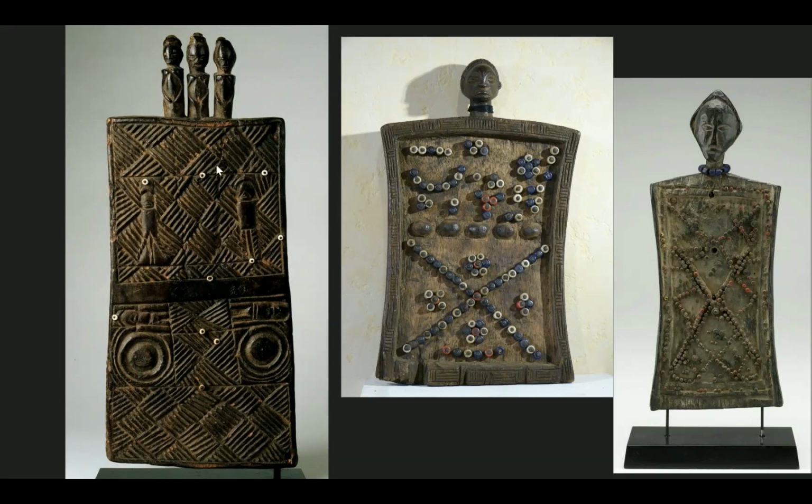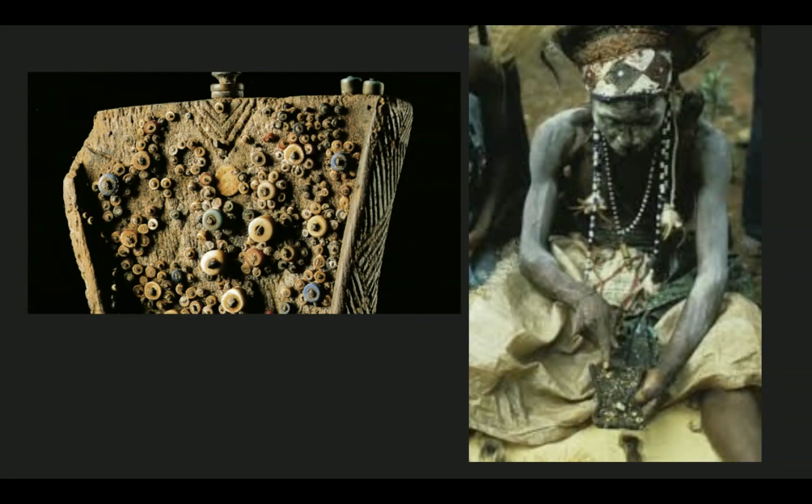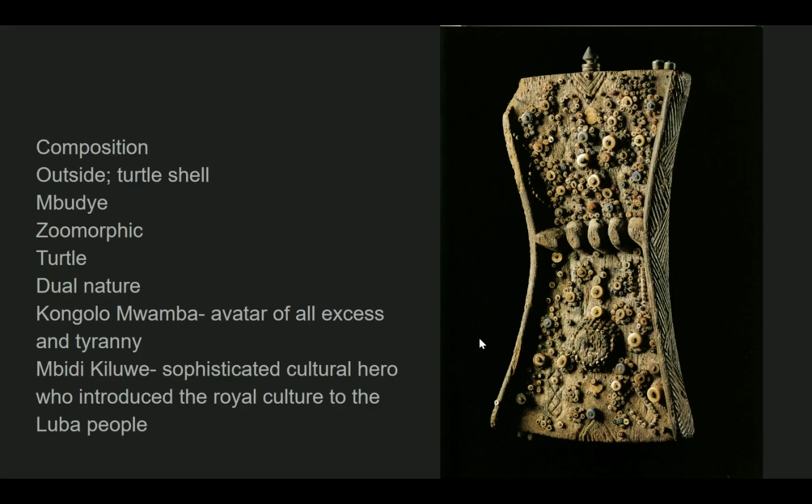The back of these different types of memory boards also is supposed to represent the shell of a turtle. Its functionary use was that a shaman would hold it, and this helps to tell the history of the people. The outside is a turtle shell, and it's associated with this society and these peoples.